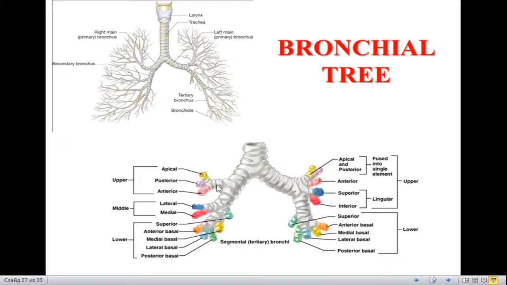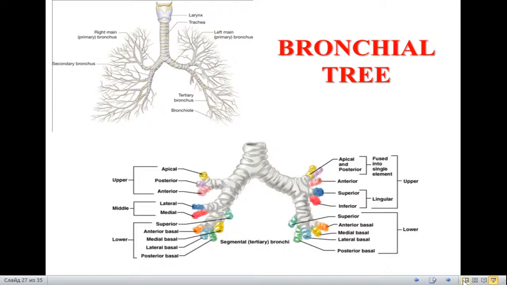Then each main bronchus divides into lobar bronchi. The lobar bronchi are the bronchi of the second order, and each of the lobar bronchi divides into the segmental bronchi. So segmental bronchi are the bronchi of the third order.